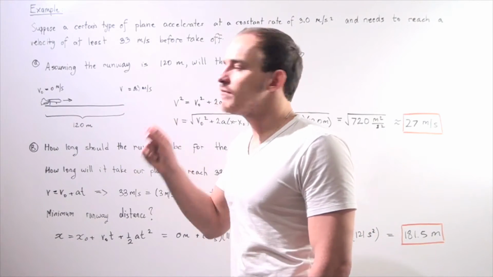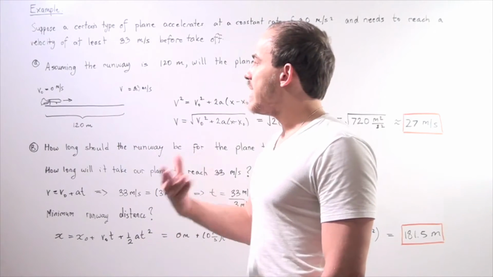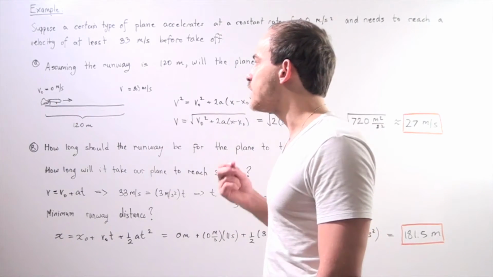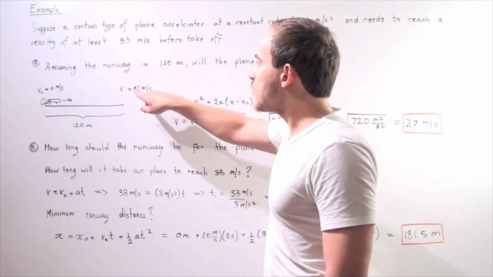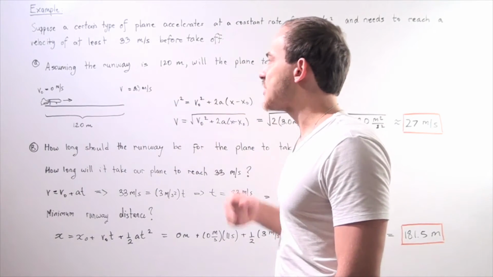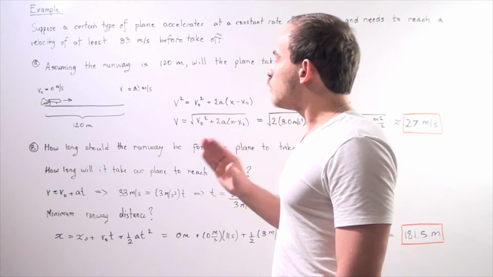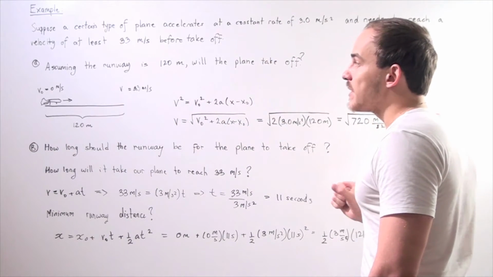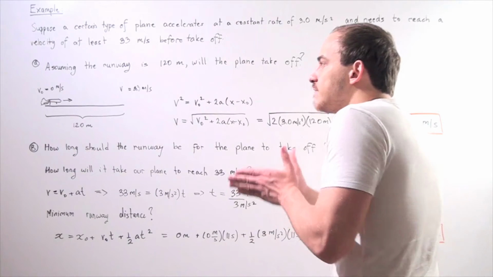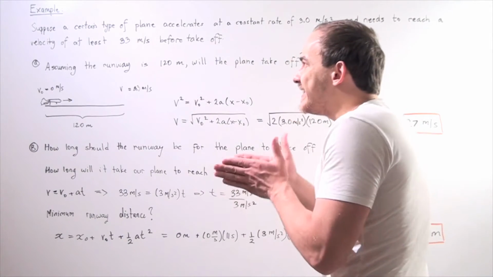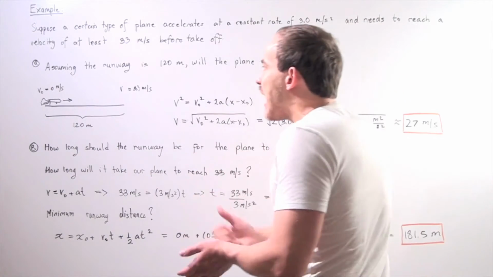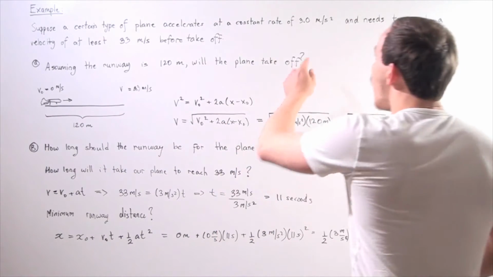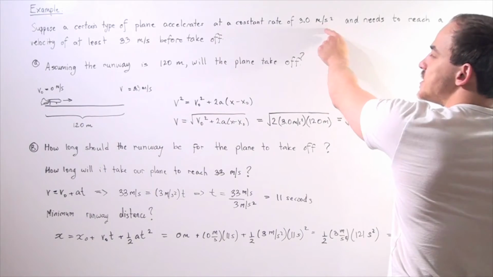Now, our initial velocity of the plane, we're going to make the assumption, is 0 meters per second. Our final velocity that we need to reach is 33 meters per second. Now, what we want to find in this problem is the final velocity of our airplane given that it will travel 120 meters at an accelerating rate of 3.0 meters per second squared.